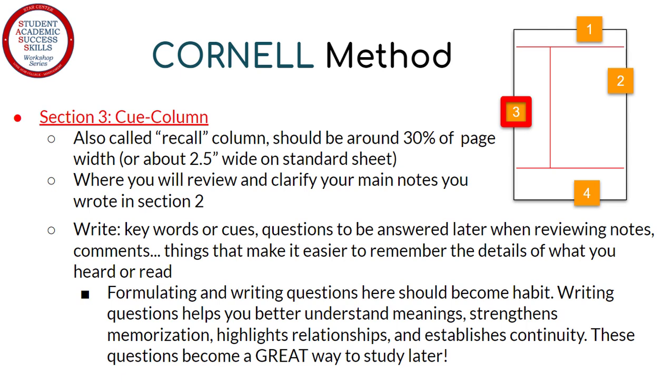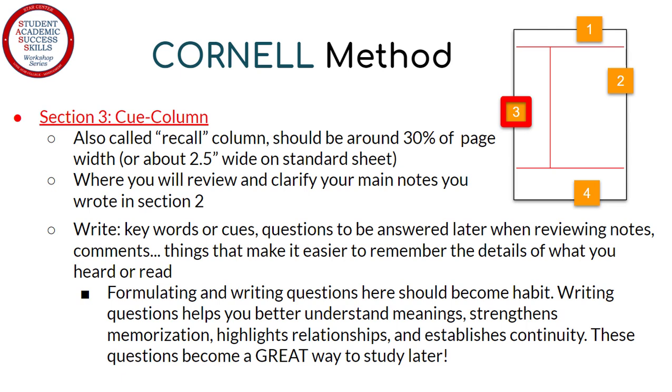This section should be set up on the left-hand side of your paper if you're following along with the logo in the top right-hand corner of your screen or page 3 of your printed out handout, and should be around 30% of your page width or in from the left-hand side about 2.5 inches on a standard sheet of lined paper. Here, you will review and clarify the main notes you wrote in Section 2.